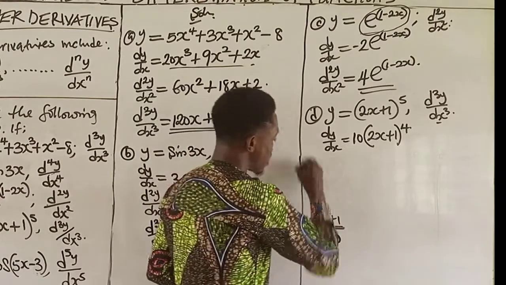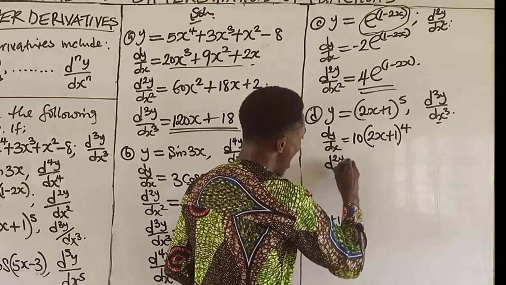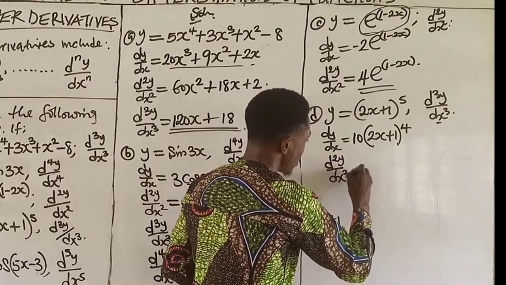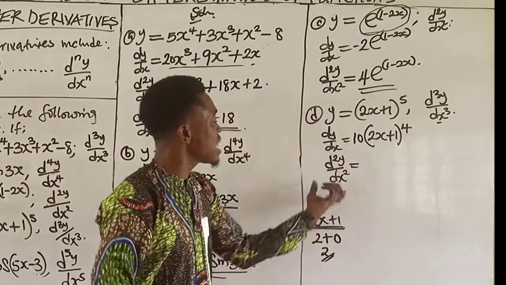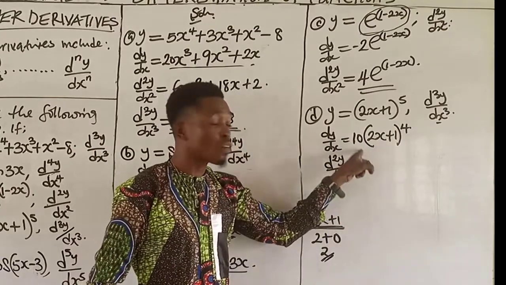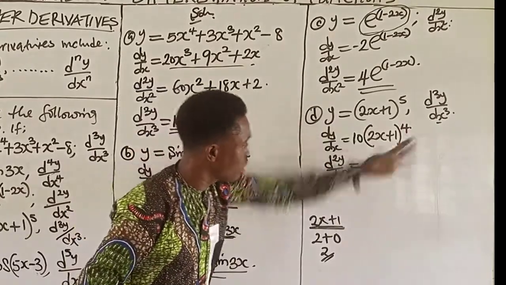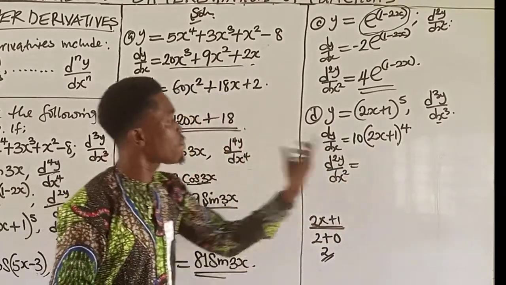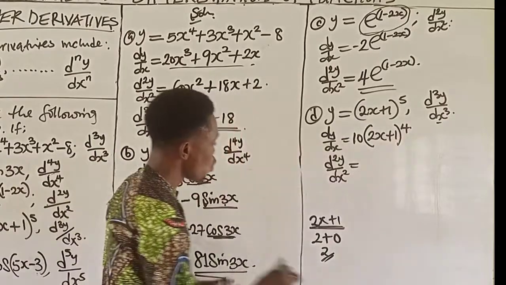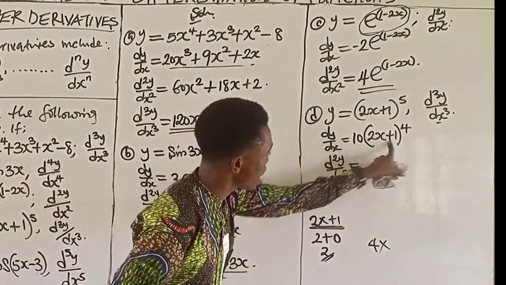Now for the second derivative, just keep this one constant here, okay? Then we have d squared y over dx squared. We are to obtain the second derivative. I understand that the second derivative is obtained from the first derivative. Now we want to differentiate the first derivative. Look at it. First, identify the power, which is 4. Put it here, multiplied by the derivative of the function of x here, which is 2.